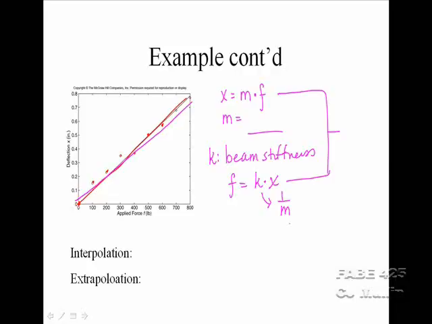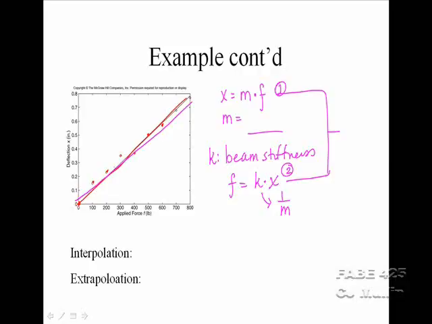Once we come up with this model, in the case of this example, we had data and we came up with equation 1. Later on in the book, once we know a little more about material properties and so on, we could have come up with this relationship from the beam stiffness, in which case we would have started out with an equation and plotted that to see the relationship.